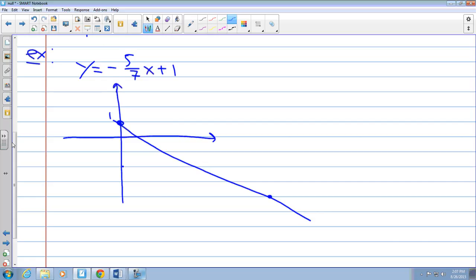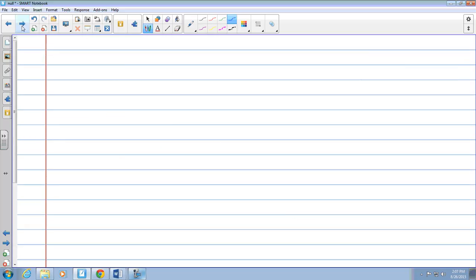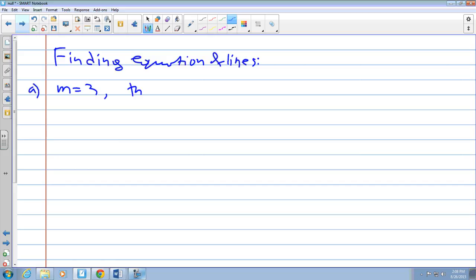Now, finding the equation of a line. So if I tell you, find the equation of a line that has the following characteristics. Has a slope of 3 and goes through negative 1, 3.